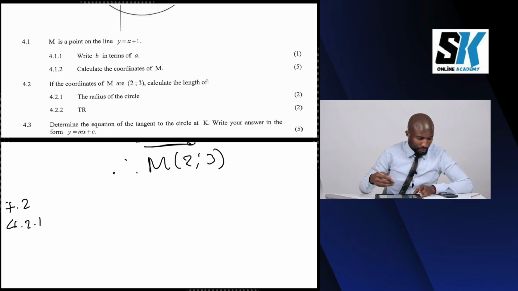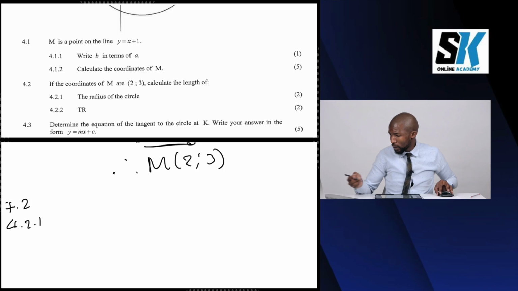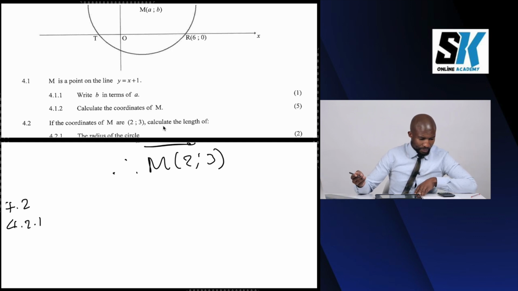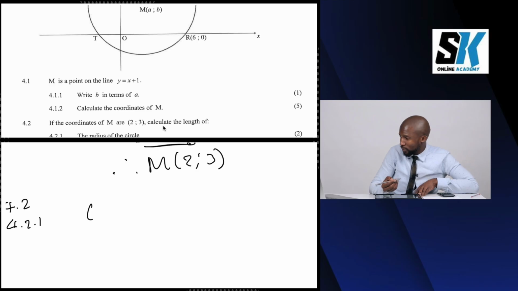We're just going to use either RM or KM to get the radius, because the radius is the distance from K to M, or also from R to M. But we might as well use those 2 points on the circle, which are K and R.